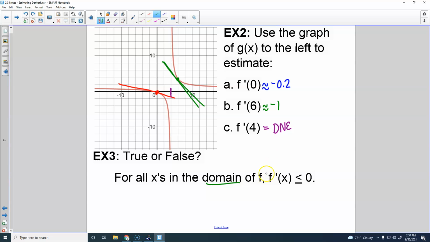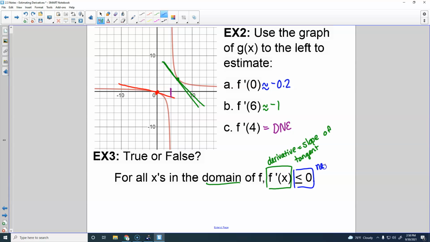So what is f prime of x? It is the derivative, which is the slope of the tangent at any point. The line's going down. Okay, what does this mean right here when we say less than or equal to 0?